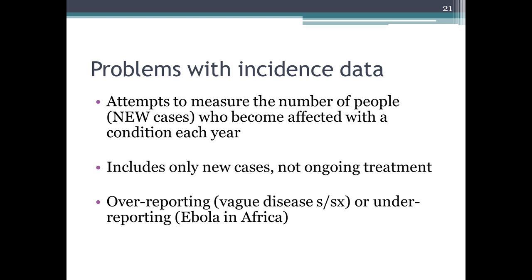What about incidence data? Well, we still have problems with incidence data. These are attempts to measure the number of people who become affected with a condition each year, so we're talking about new cases. The limitation, of course, is that it only includes new cases, not ongoing treatment.